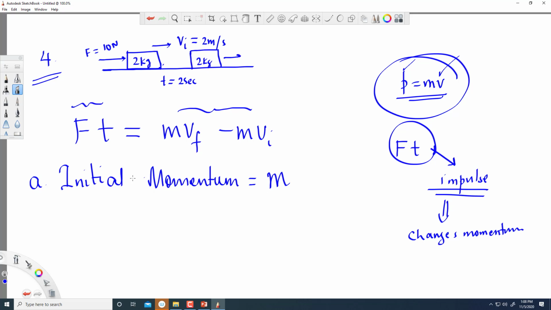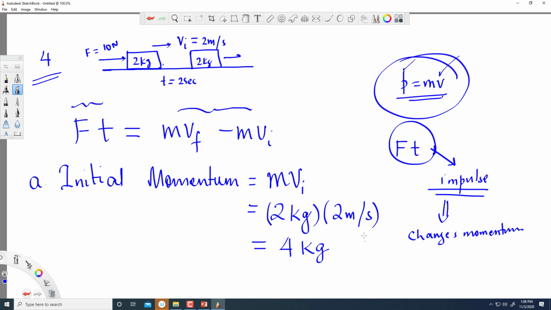Whenever you see the word initial, you use this subscript i, okay, initial. So mass of the object is 2 kilogram. Speed or velocity, initial is 2 meters per second. It's given. So that means 2 times 2 is 4 kilogram meters per second. Okay, that's the initial momentum.